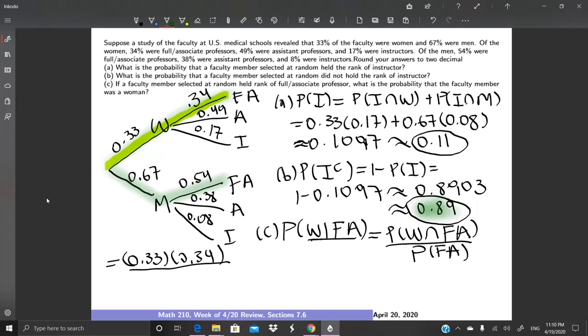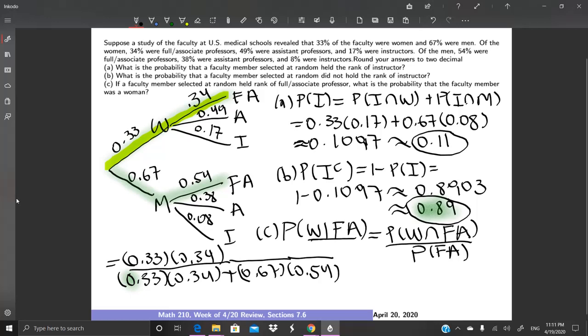And remember, along the branches I multiply, skip from one branch to another I add. So that means I still want the 0.33 times 0.34 plus, jump to the next branch, 0.67 times 0.54. And that should be my answer.